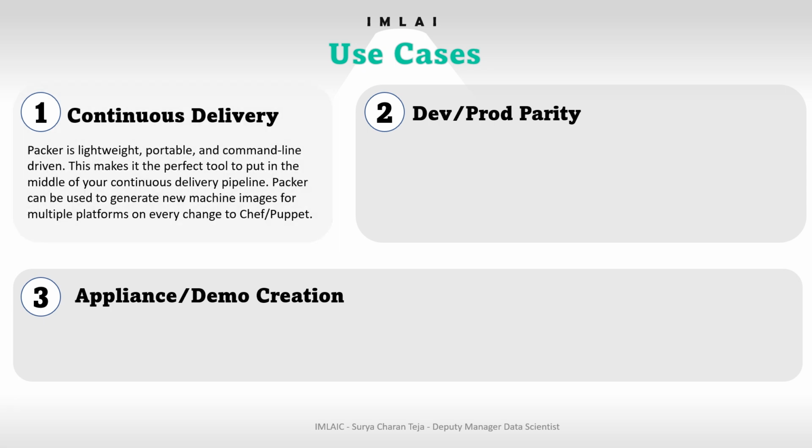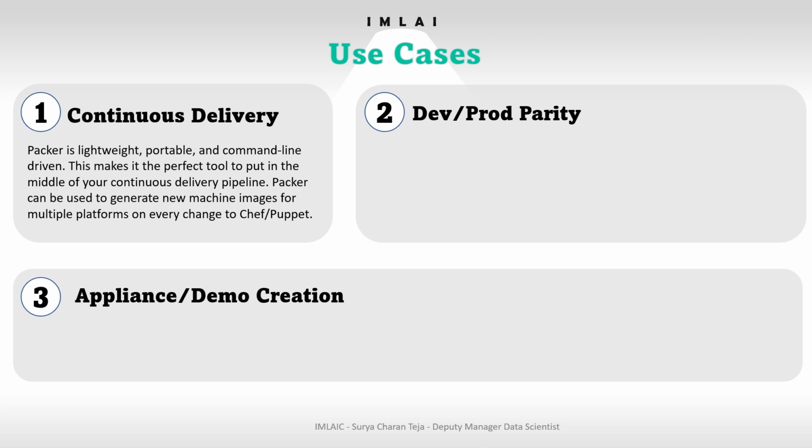Continuous delivery: Packer is lightweight, portable, and command line driven. This makes it the perfect tool to put in the middle of your continuous delivery pipeline. Packer can be used to generate new machine images for multiple platforms on every change to Chef or Puppet or Ansible as part of this pipeline.